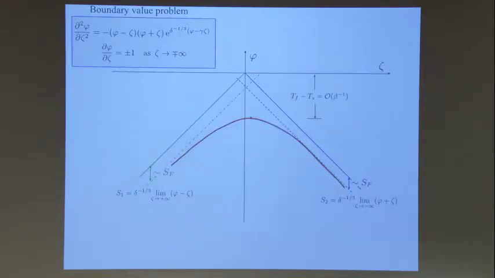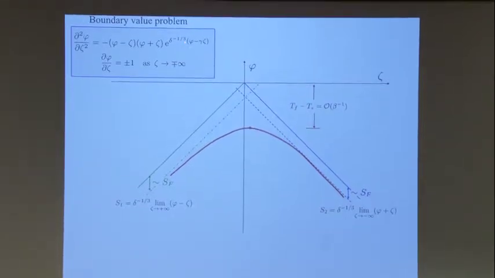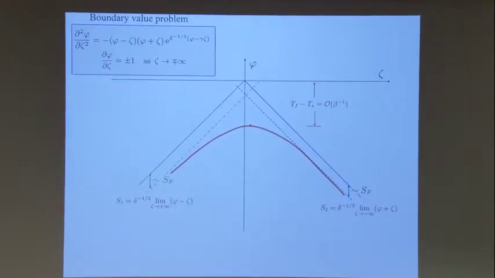So this is the boundary value problem that you want to solve. Suppose that I specified gamma and delta, and I'll tell you in a few minutes what they are. What you want is to find a solution that has a slope 1 here.